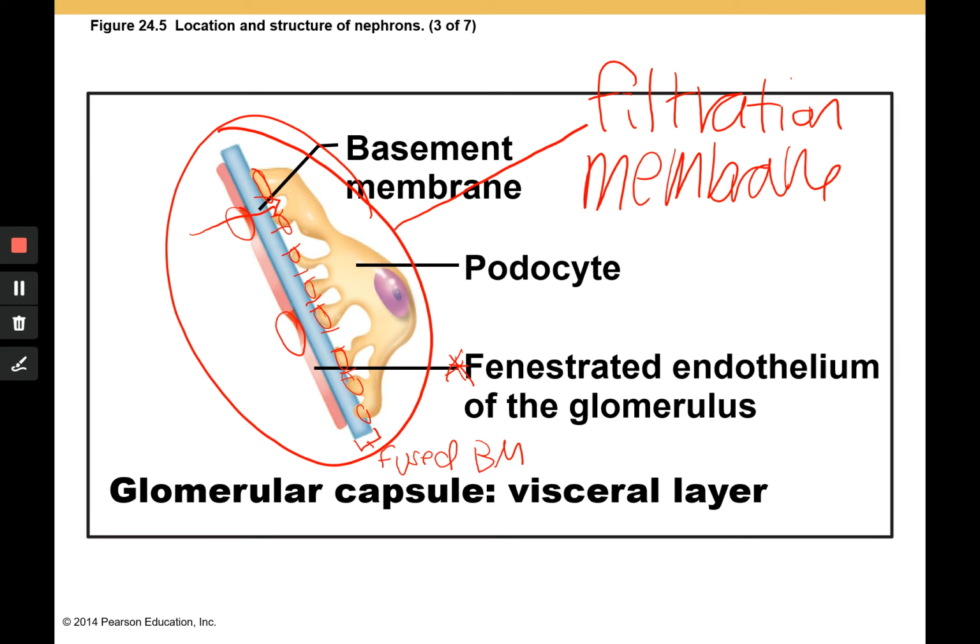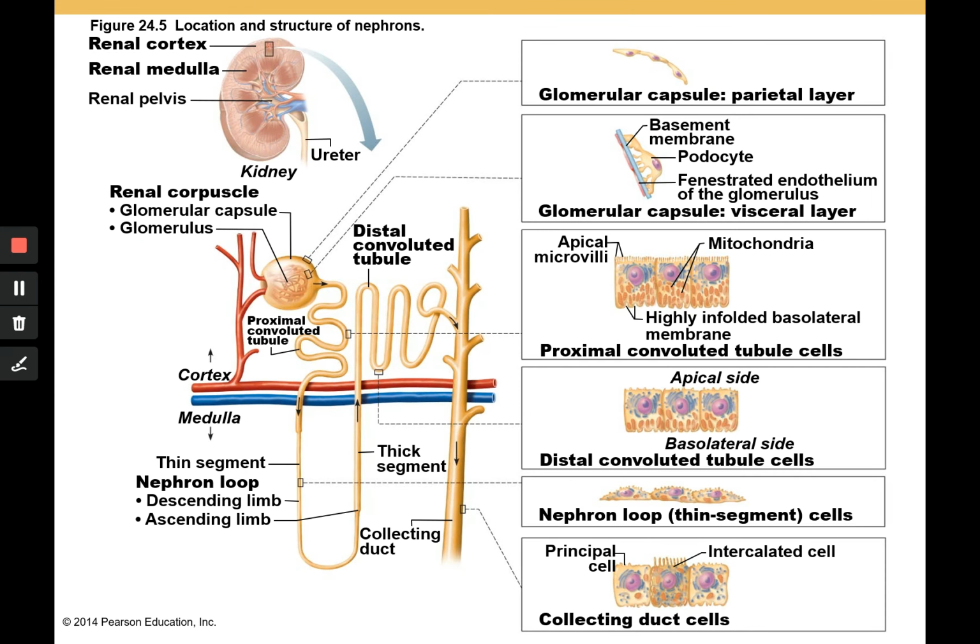So really small nutrients, things like sodium ions, potassium ions, urea, these small things can move into that capsular space. So if we just want to list real quick the three things that make up the filtration membrane, these would be the three things. The foot processes of podocytes, the fenestrated endothelium of the glomerulus, and the fused basement membrane. Those make up our filtration membrane.